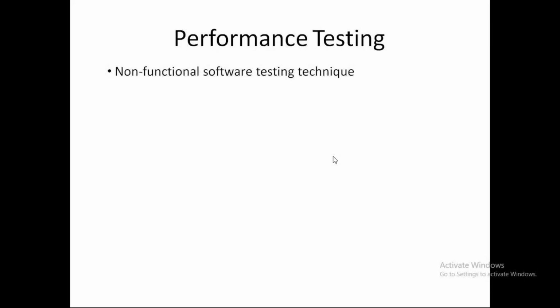So that is where manual testing takes place. But again, that is not to check the functionality, rather to measure the performance of that particular application. So as I mentioned, we are not verifying the functionality of the application. Performance testing is a non-functional testing technique.